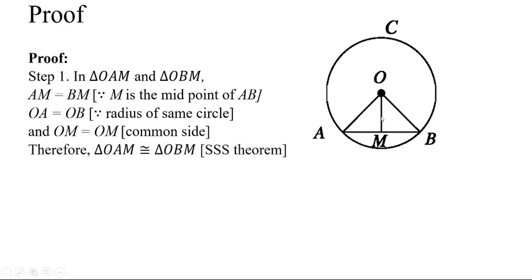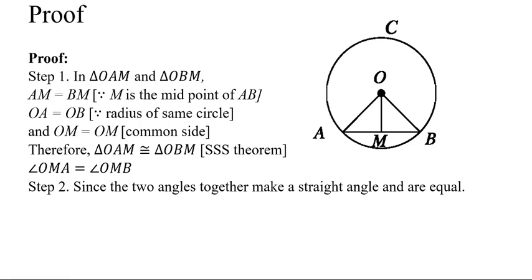Therefore triangle OAM and triangle OBM are congruent to each other, and we know if two triangles are congruent, then every side of the first triangle is equal to every side of the second triangle. Also angles are equal, so angle OMA equals angle OMB.